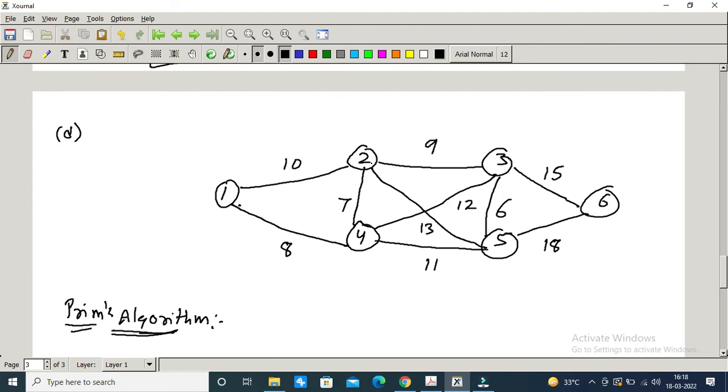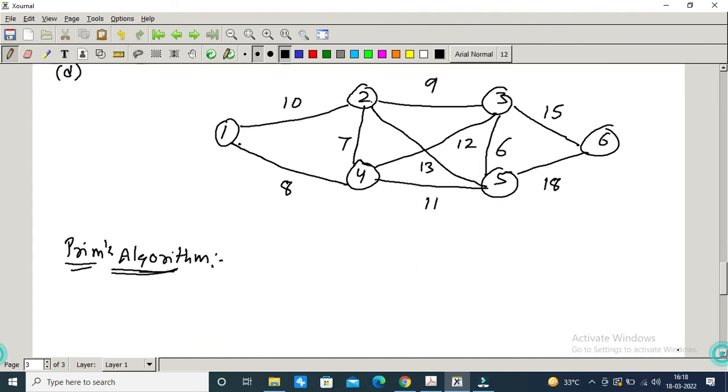So we have to cover and take all the vertices such that all the vertices are connected to each other but don't form a cycle. No cycle should be formed. You have to connect the vertices to each other in this way, by taking the minimum weight on the edges, right? So we have to pick the vertices in a way that the edge between any pair of vertices is of minimum weight.